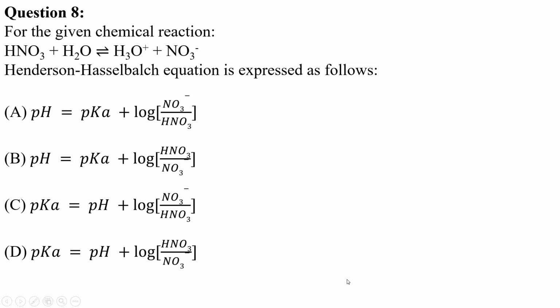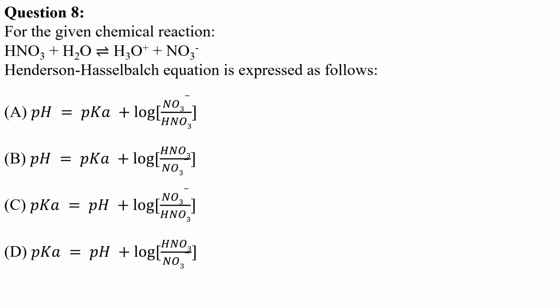For the given chemical reaction, HNO3 plus H2O gives H3O plus and NO3 minus, the Henderson-Hasselbalch equation is expressed as follows. We have 4 options here. Option A: pH is equal to pK plus log of NO3 minus concentration divided by HNO3 concentration.